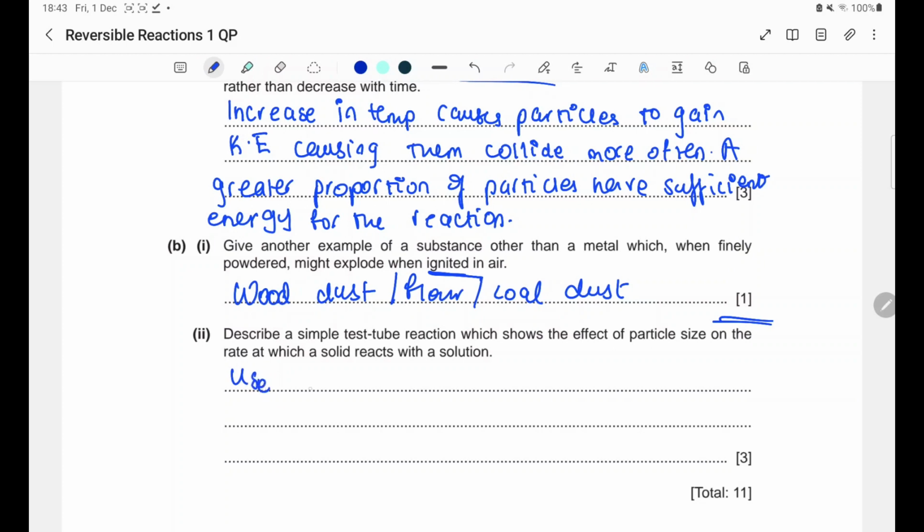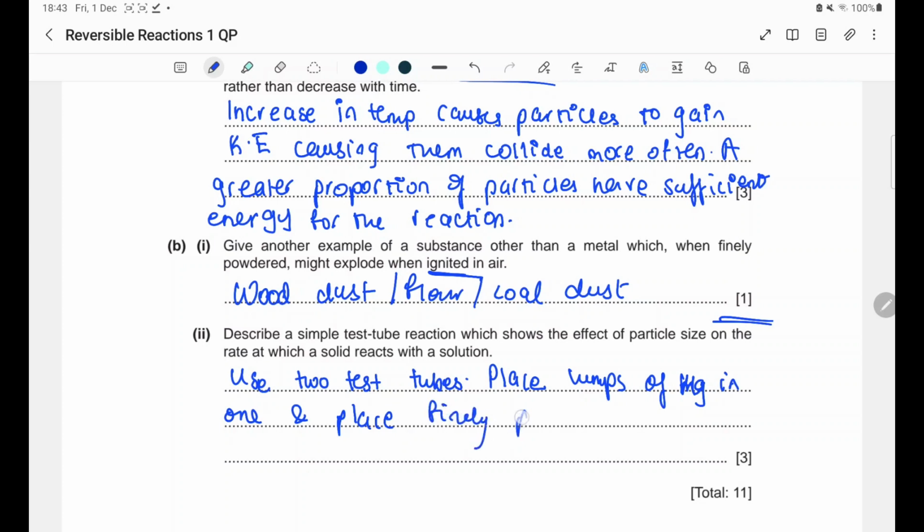Use 2 test tubes, okay? Place lumps of magnesium in one, and place finely powdered magnesium in the other.